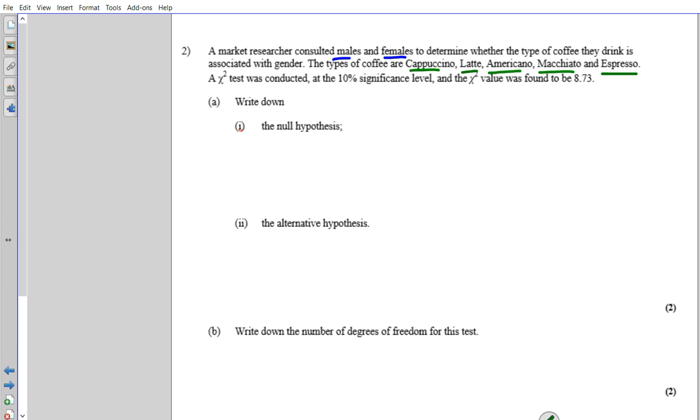So try to imagine the matrix would be a 2 by 5 matrix, because you'd have 2 rows and 5 columns, gender and 5 different types of coffee.